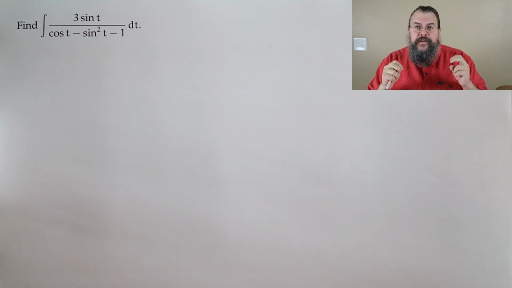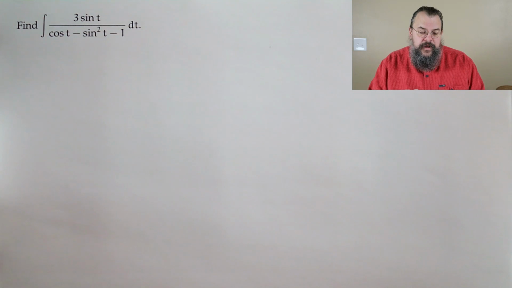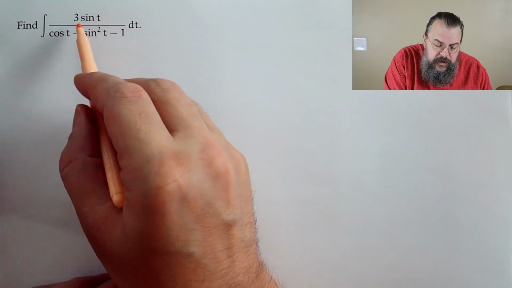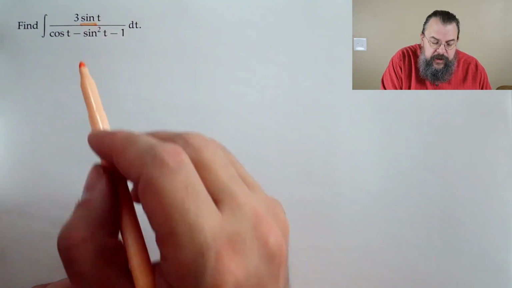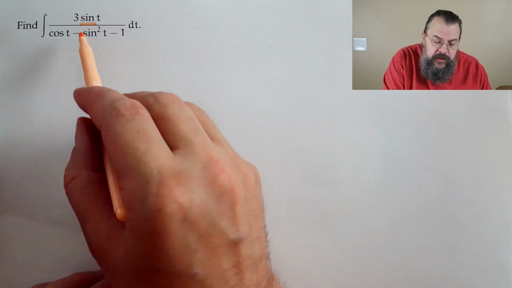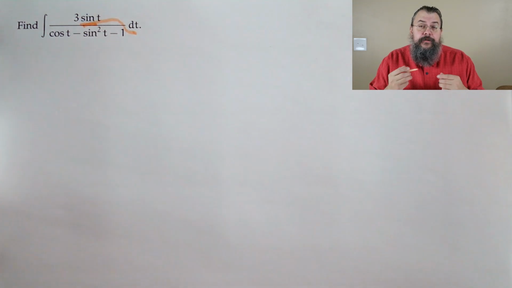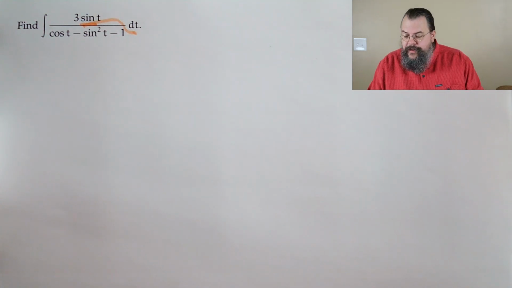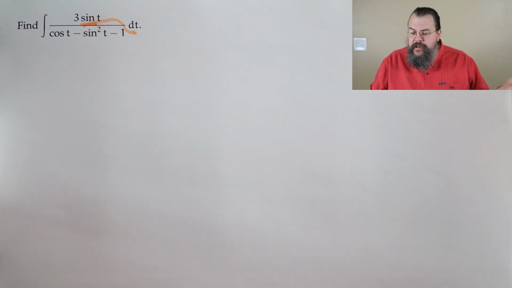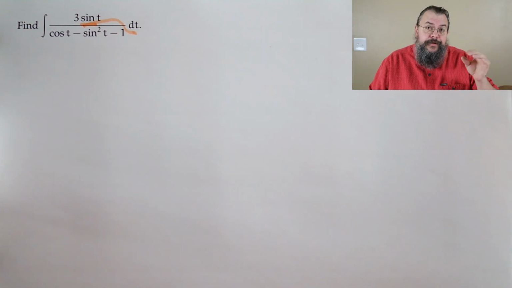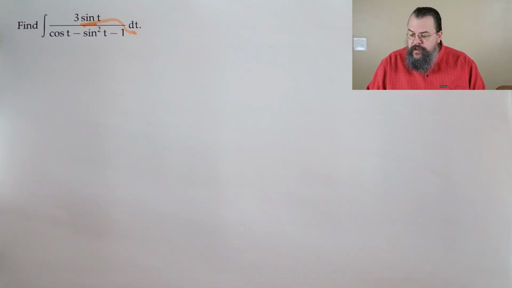In other words, is there something that's a derivative of a function I know? And I see this lovely sine of t sitting right there. Sine of t dt is actually a derivative of something. If you take the derivative of cosine, you essentially get sine. Well, there's a minus involved as well.